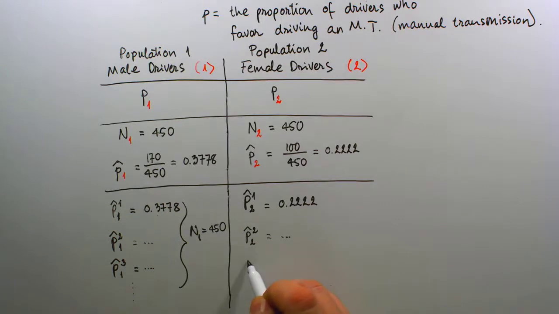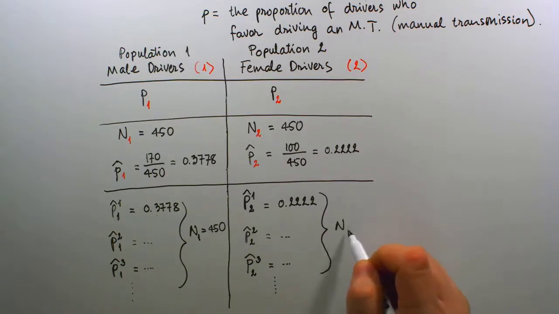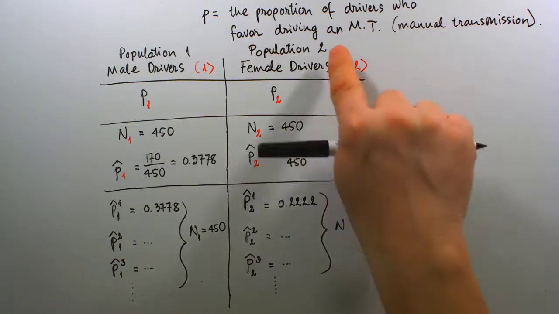But very possibly we can have a third sample from population 2. So p hat 2, third sample. And again, I didn't have a value, so I'll just leave it blank. But now, similar to the arguments that I've made back in population 1, all of these samples, including all of those that can possibly come out, must all agree to be on the same sample size that we have decided for population 2.